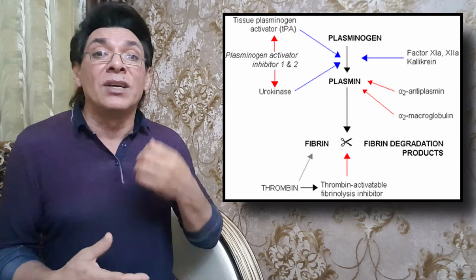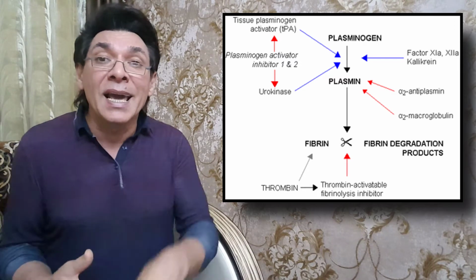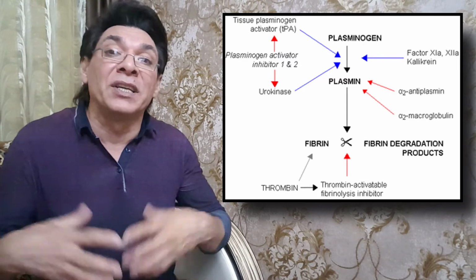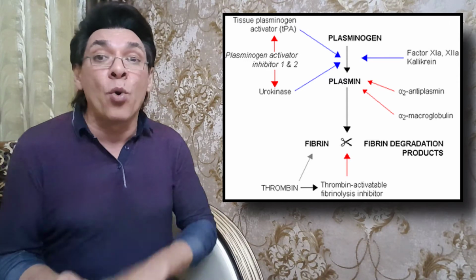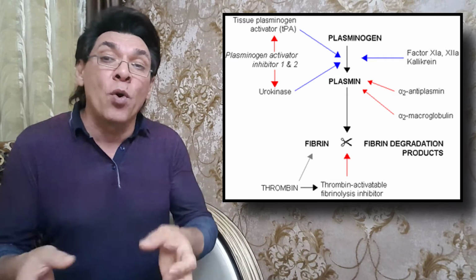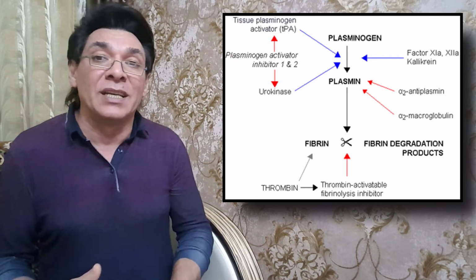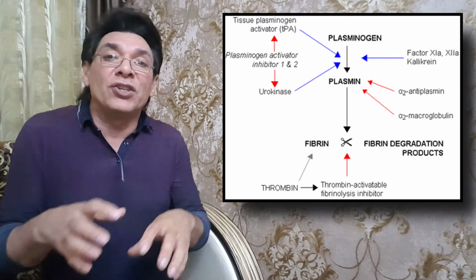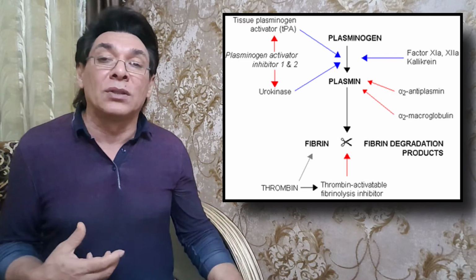Fibrinolysis is the gradual degradation of the clot. Again, there is a fairly complicated series of reactions that involves factor 12 and protein catabolizing enzymes. During this process, the inactive protein plasminogen is converted into the active plasmin, which gradually breaks down the fibrin of the clot.